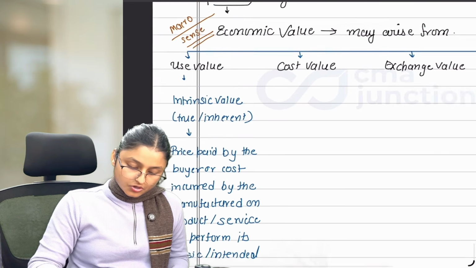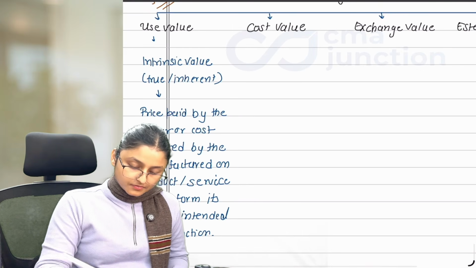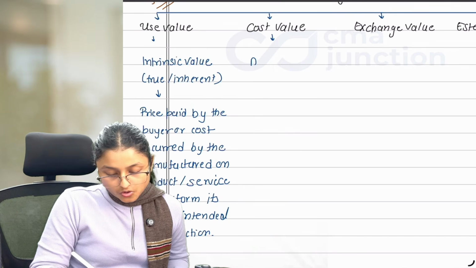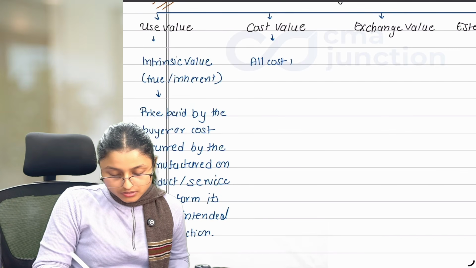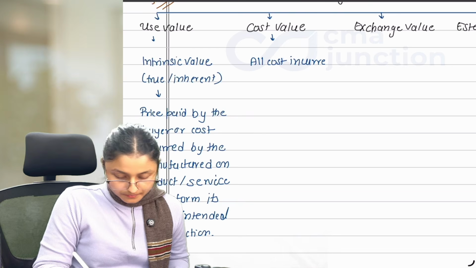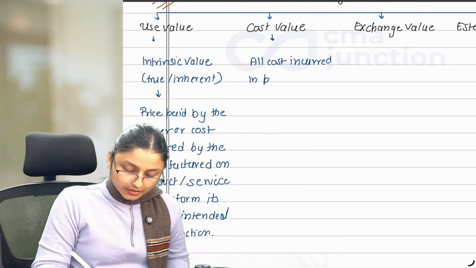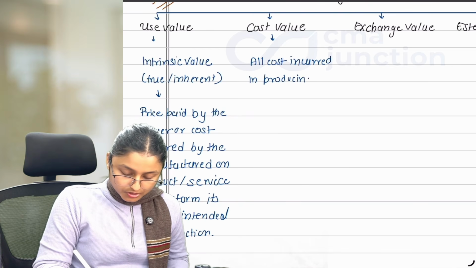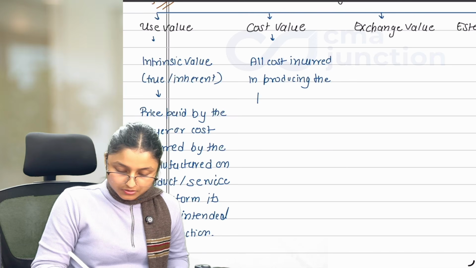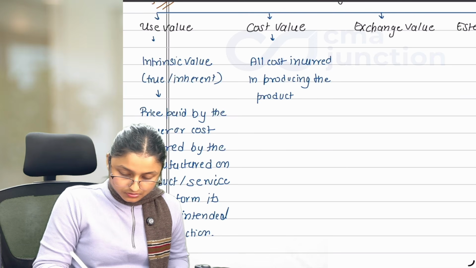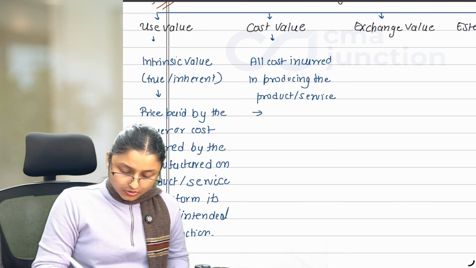Next, cost value. Cost value is all cost incurred in producing the product or service. It can be all the costs, right?